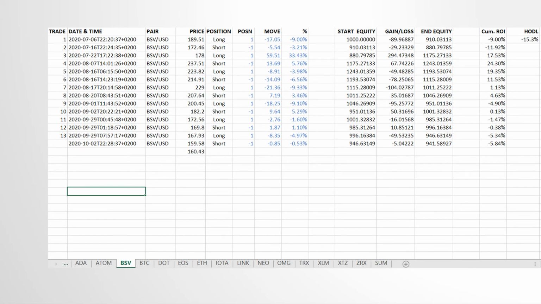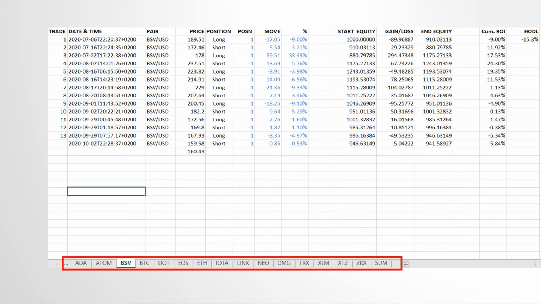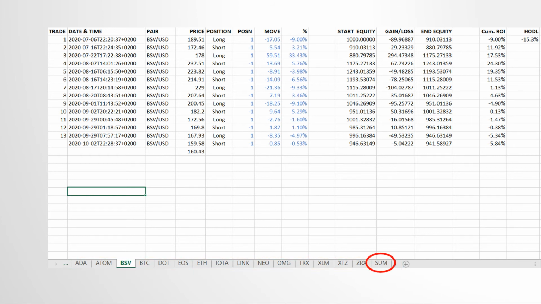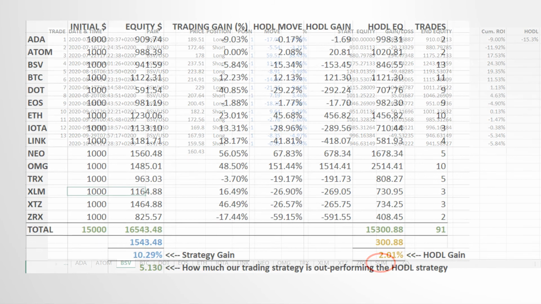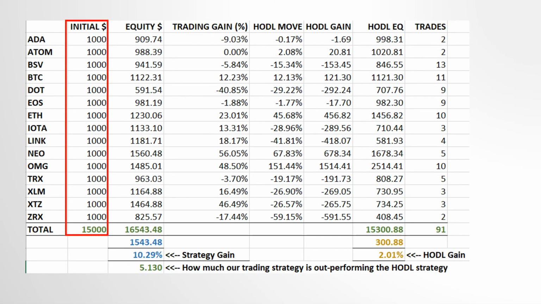And we do the same analysis across all the other cryptocurrencies that we're following. So in this particular case, I made another 15 different spreadsheets for each currency pair, and that is summarized by another spreadsheet I called sum, and this is how this works. This is how the summary sheet looks like. And on the left here, it's saying that if we allocate about 1,000 per currency pair, and there's 15 of them, we start off with a 15,000 initial capital.